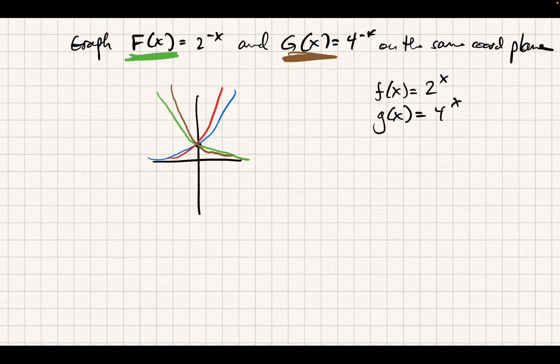Is f of x a function of x? Sure. Yeah, 100%. Why do you say that? The vertical line test.